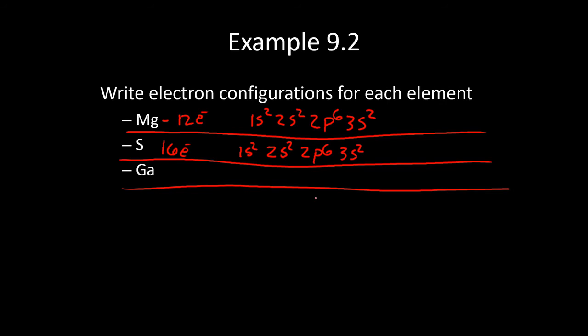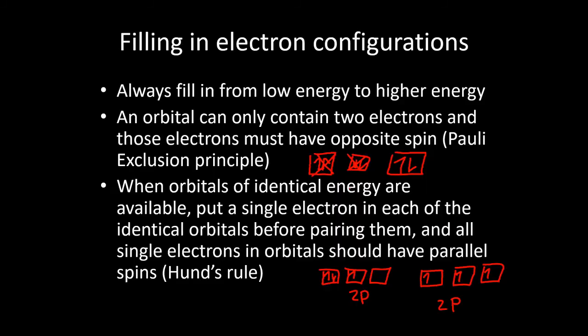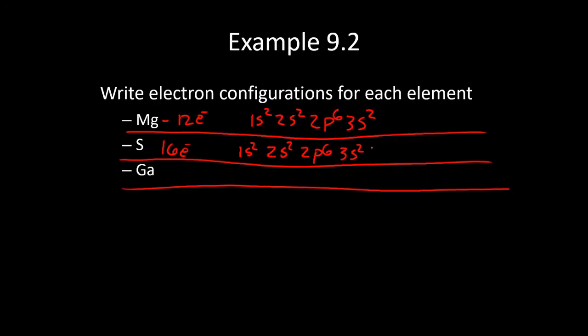3s can hold 2. What's after the 3s? If you can't remember, you can go back to here. So I did 2p, I did 3s, follow this back up, 3p is next. So I have 3p, and how many do I get to put in there? It can hold a maximum of 6, but do I have 6?